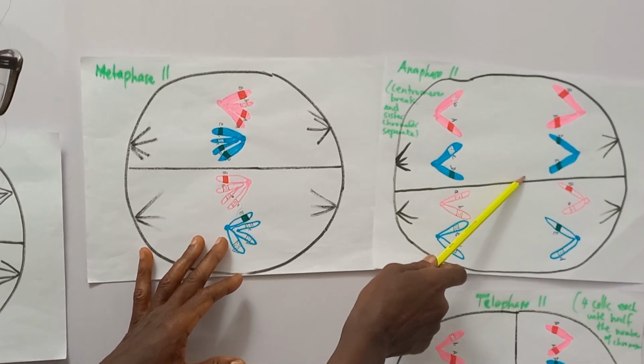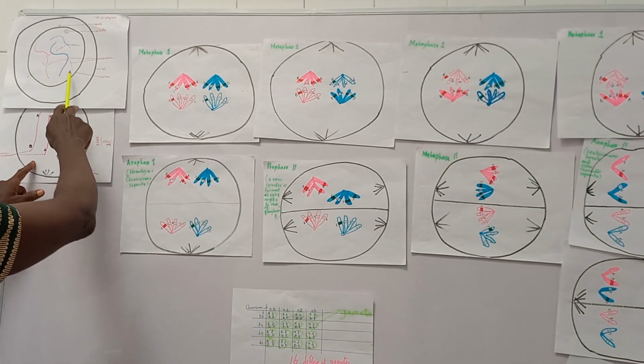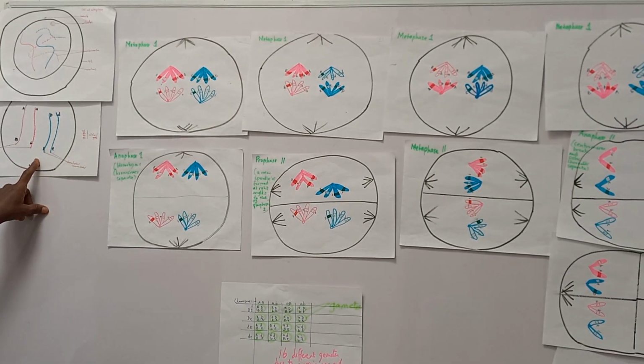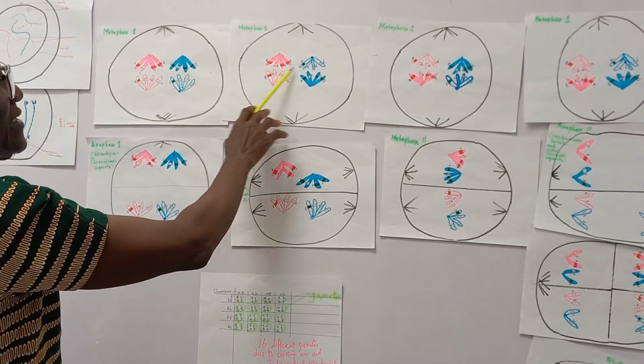where the sister chromatids separate and go into other poles. So this is what happens, and we started with 4 chromosomes with these kind of genes on them, and we said at metaphase 1 there's independent assortment.